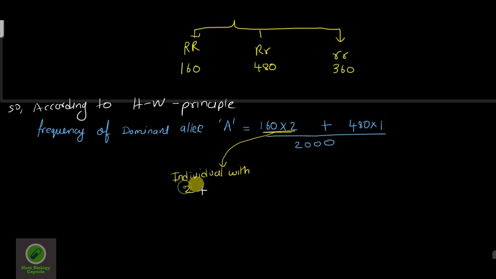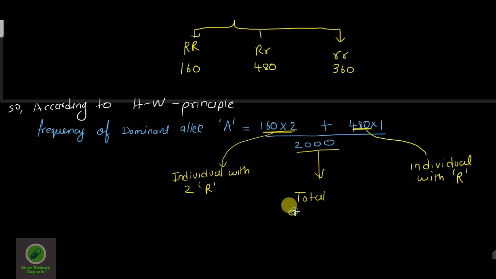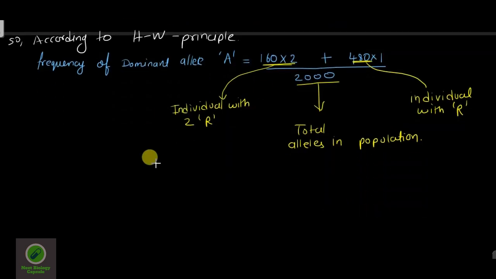What does this 160 represent? 160 represents the number of individuals with homozygous R. So we multiply because each individual will have 2 R. But in case of heterozygous, there is only one capital R, so we are not going to multiply it by 2. We will keep it as it is.